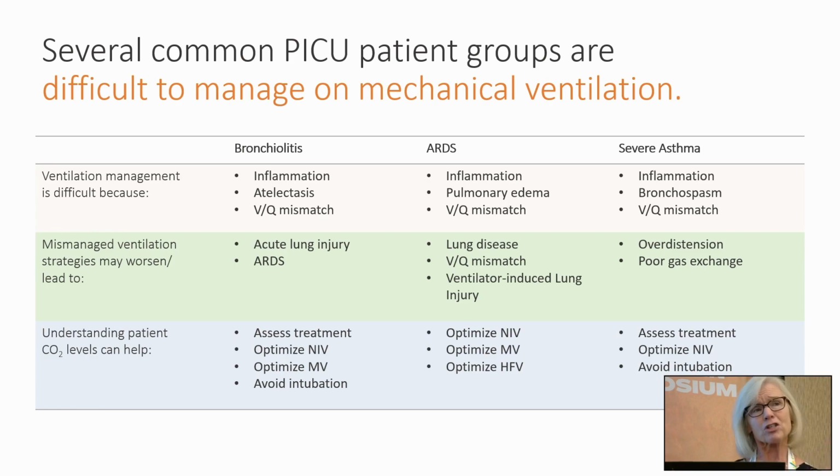But understanding a patient's CO2 level and knowing what it is on a continuous basis is really going to help you across all disease populations so that you can assess treatments, so that you can optimize non-invasive ventilation, so that you can avoid intubation. And if they are intubated, you can give them the least amount of support needed to create the least amount of lung damage, but also support their oxygenation and ventilation needs.